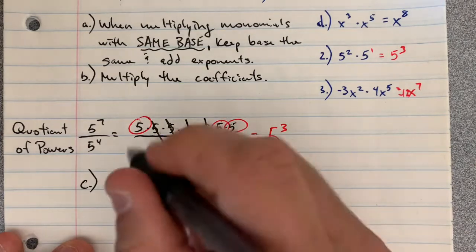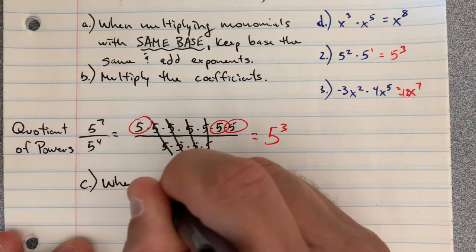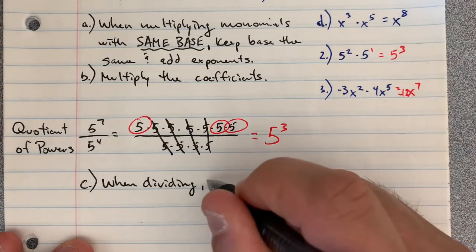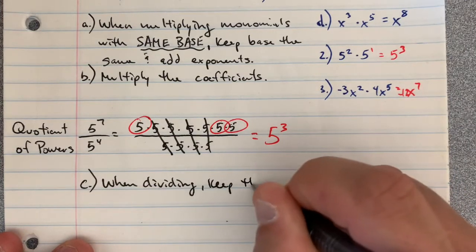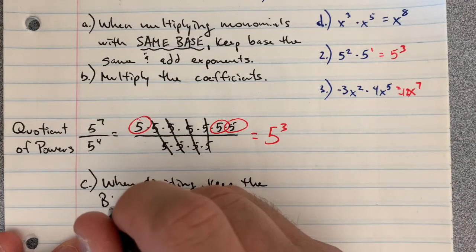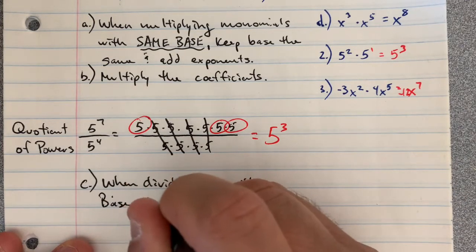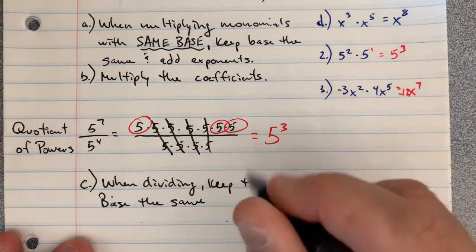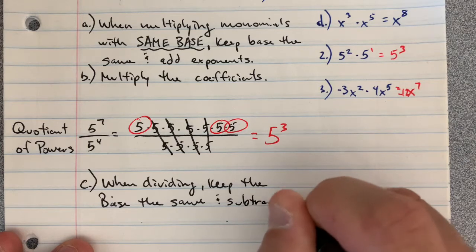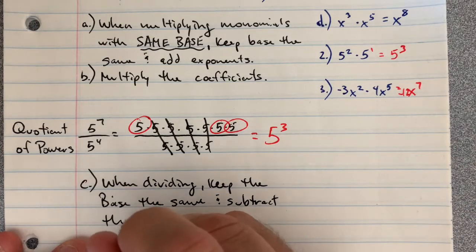Rule C. When dividing, keep the base the same. And now we're going to subtract the exponents.